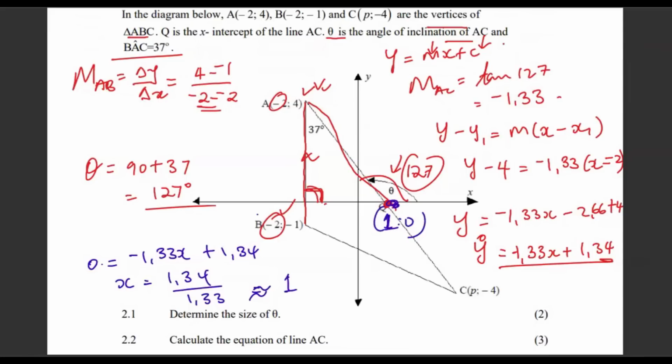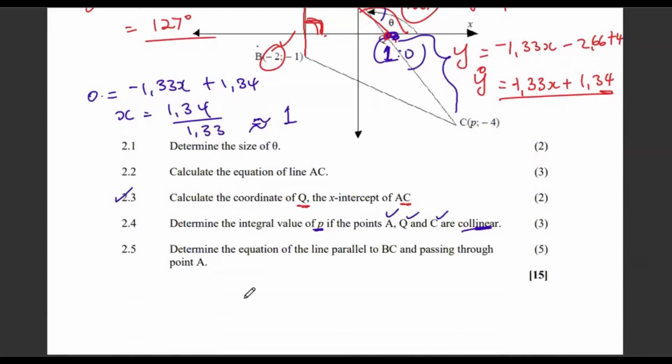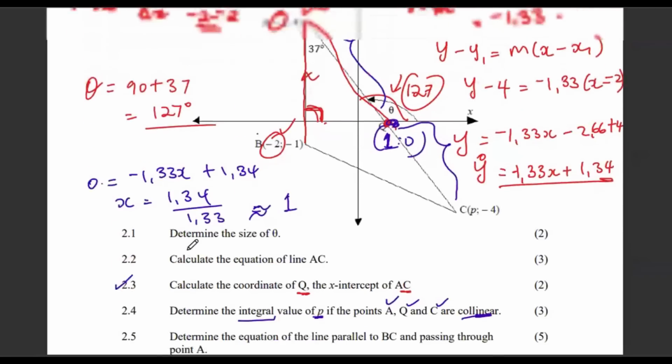Meaning that the gradient from A to Q should be the same as the gradient from Q to C. So I'm not going to use the gradient that we found because it's sort of a decimal, but 2.4 is being specific and says they want the integral, meaning that it should be more or less a whole number value for P.